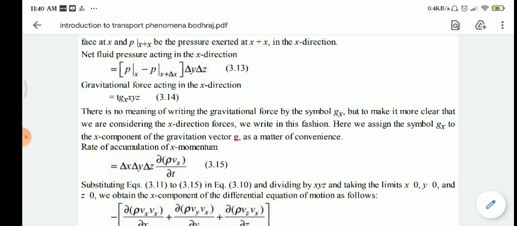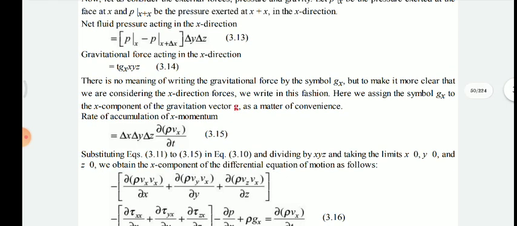Here we assign the simple symbol of gx to rate of accumulation of the momentum. So we write gx for the x component of the gravitational vector g as a matter of convenience. So rate of accumulation of x momentum, delta x delta y and delta z બરાબર.